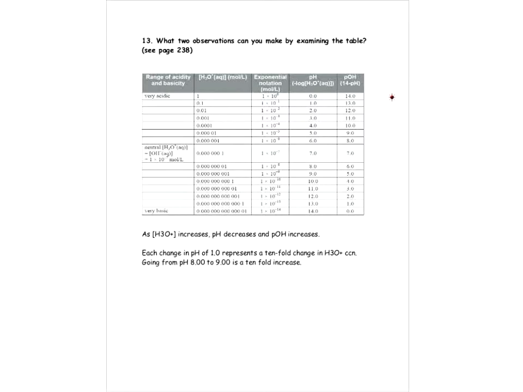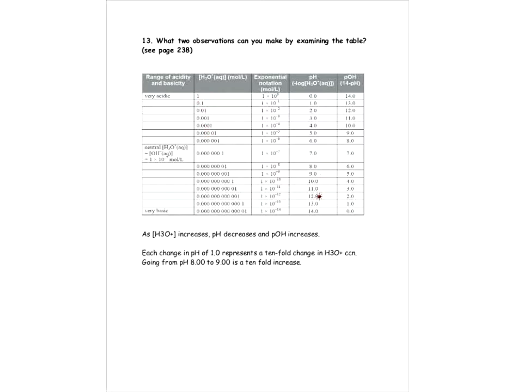And so one of the ones you can make is that as the hydronium ion, or H3O+, goes up, so it's going up this way, these numbers are getting larger, then the pH is decreasing. In other words, it's becoming more acidic. Okay, so as you're getting a larger concentration of H3O+, or in other words, H+ ions, the pH is decreasing, it's becoming more acidic, right?